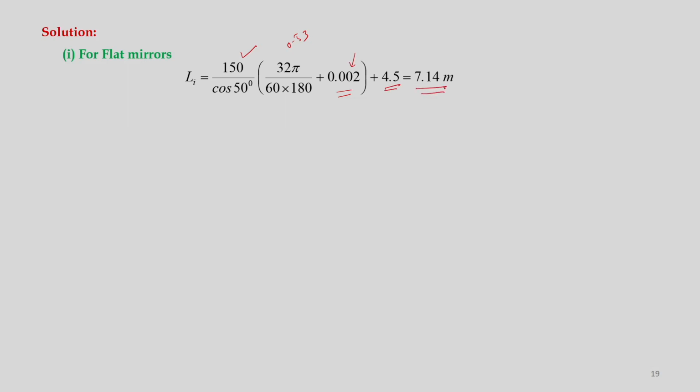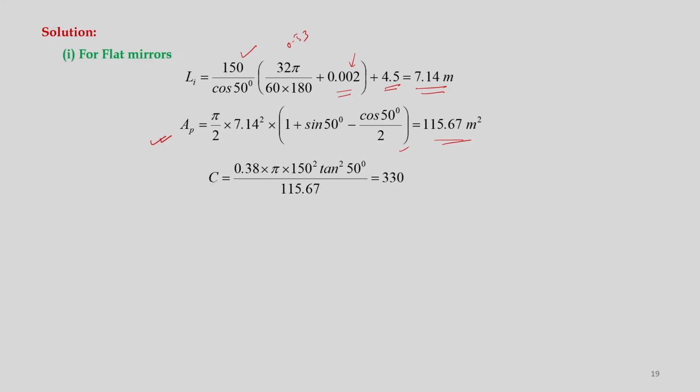Then we can calculate the size of the image when the mirror is flat. And also we can calculate the area of the absorber by using the expression proposed by the researcher. So, we can substitute those values of Li here, and it is found to be 115.67 meter square. And if we calculate the concentration ratio, it is found to be 330, right.